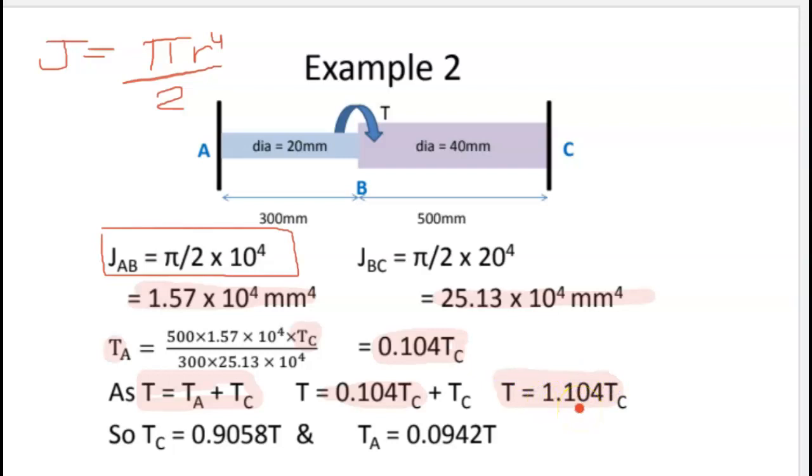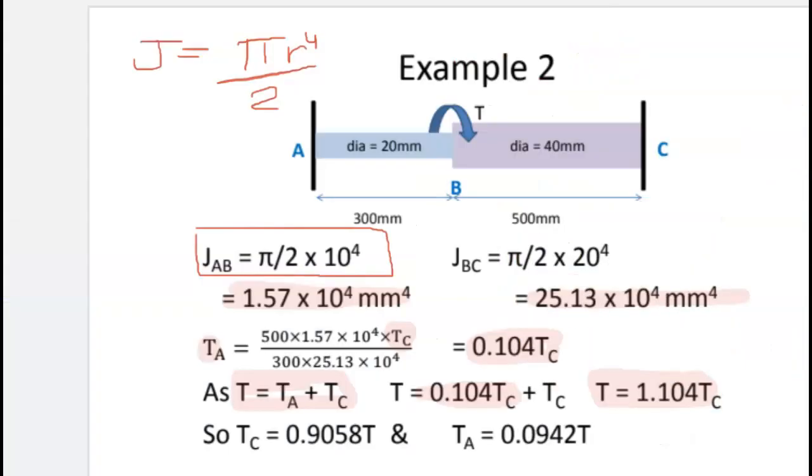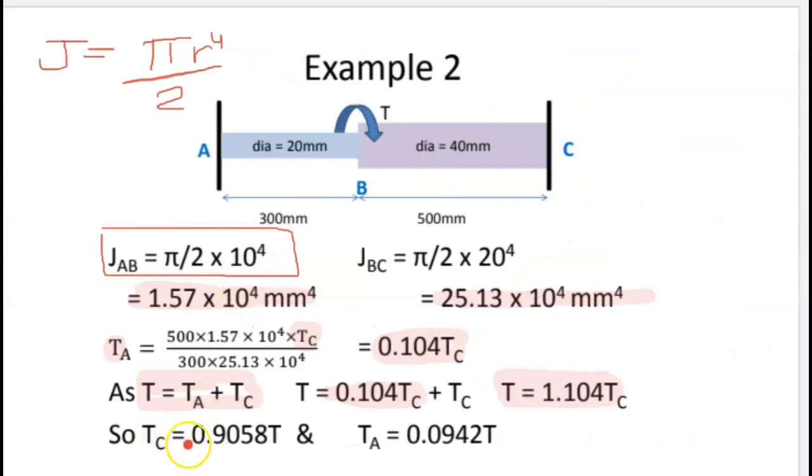Now if I need to find out T_C and T_A, because I don't know which value is which, I have this value now: T is equal to that one.